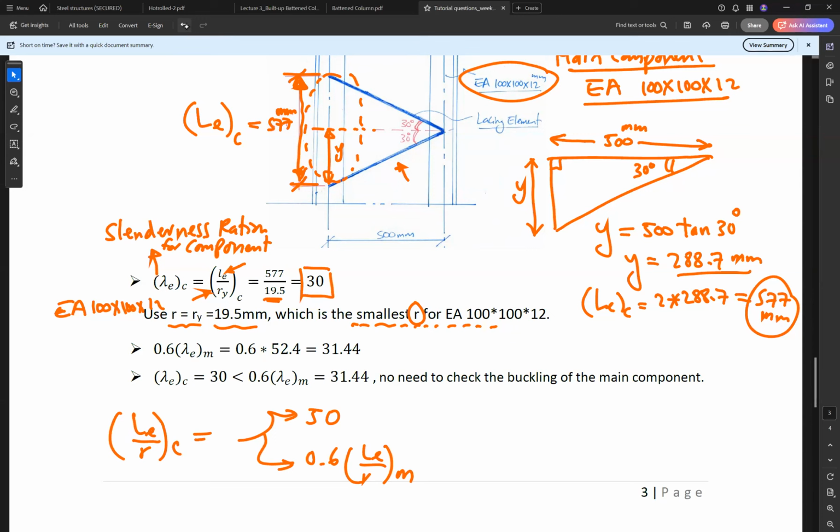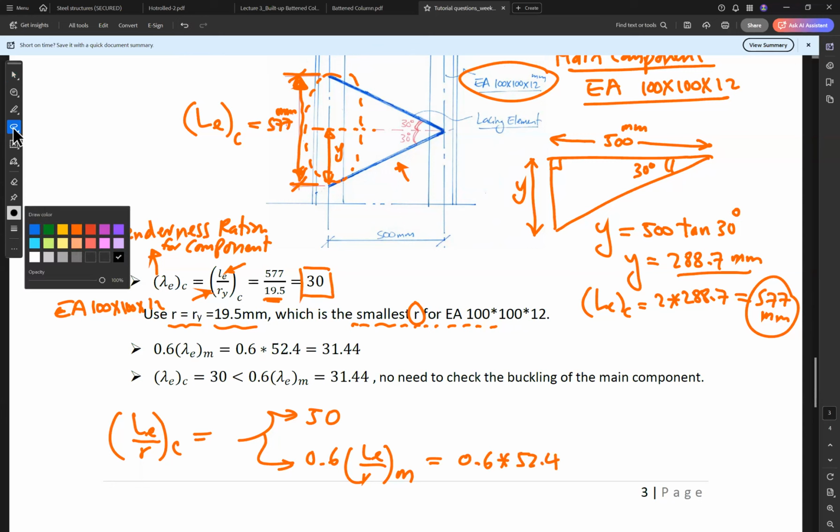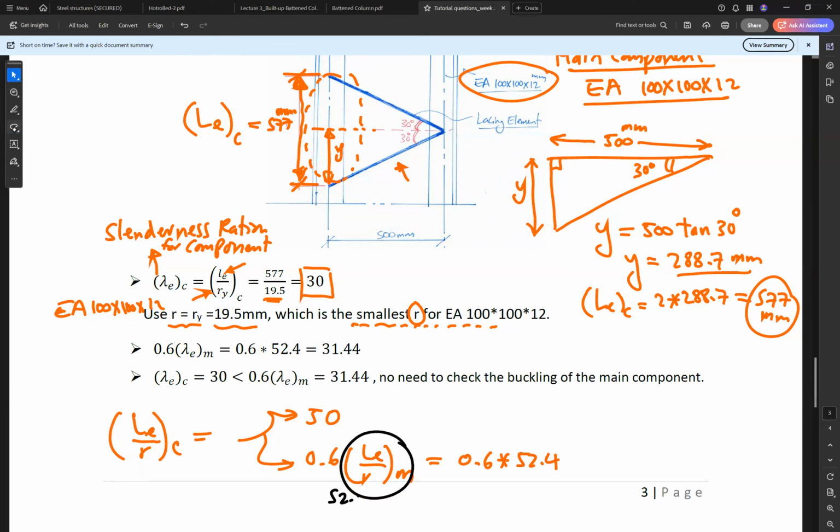So we got this value as 0.6 times 52.4, because we already got this value as 52.4. So Le over r for the component should be less than or equal to the smaller of these two values. So this value is 50.